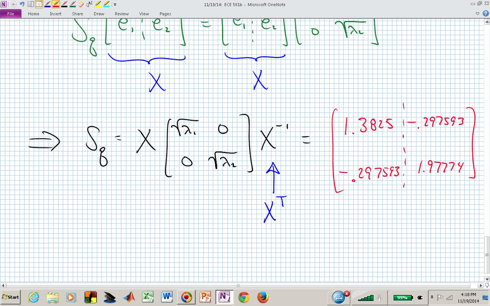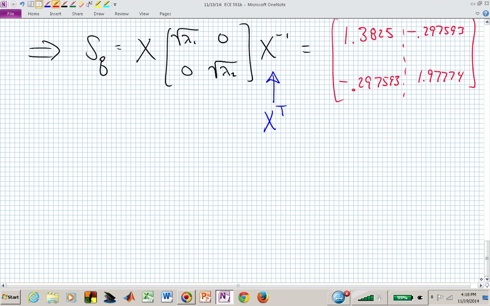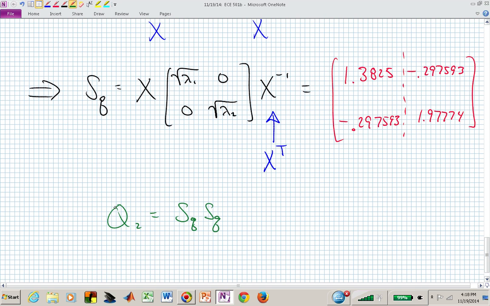And in fact, if you now looked at S sub q, what did we start with? We started with q sub 2. That's now S sub q times S sub q, or S sub q is a positive square root of q sub 2, and we were able to build that up knowing or being able to identify the eigenvalues and eigenvectors of our original matrix q sub 2.